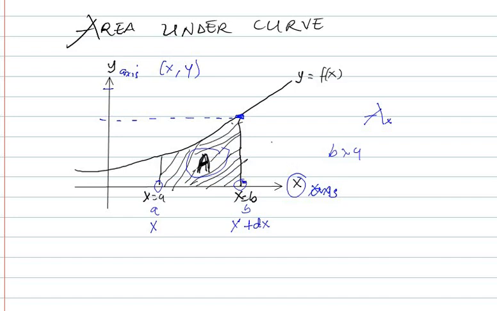So we have a point Q, with x plus change in x, and then y plus change in y. So all the parameters are given.